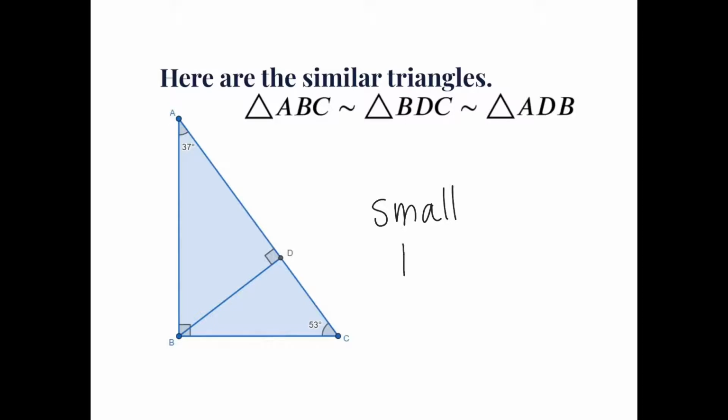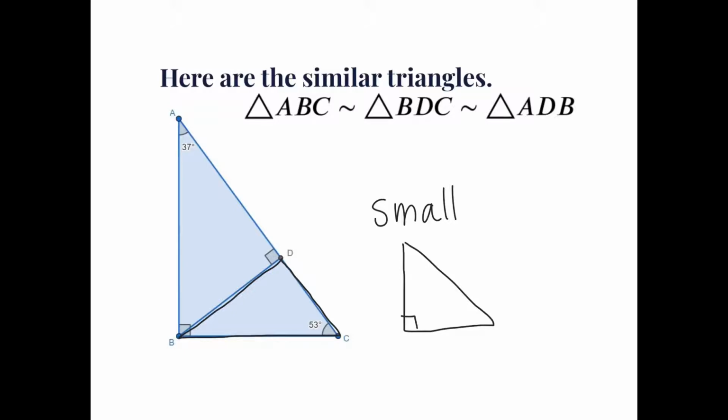So if I'm going to do that, it's going to look like this. So this is my small triangle. And basically, I'm going to have a reflection, okay, and then I'm going to rotate it.